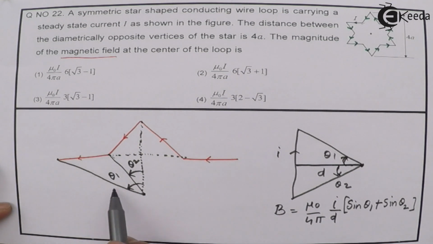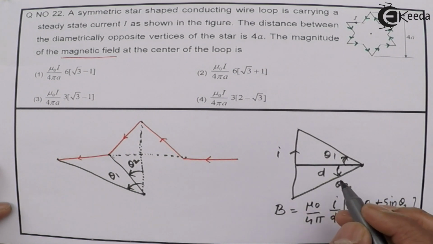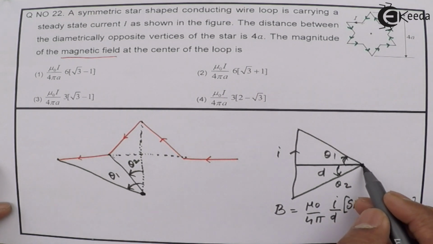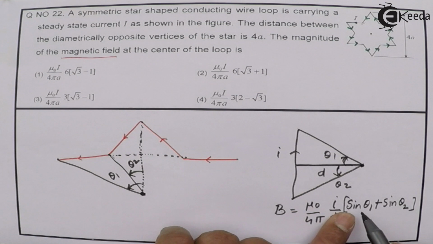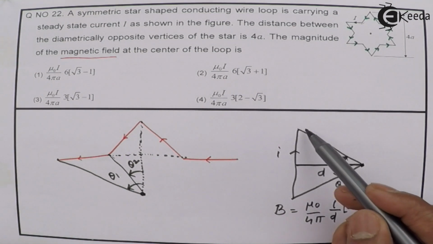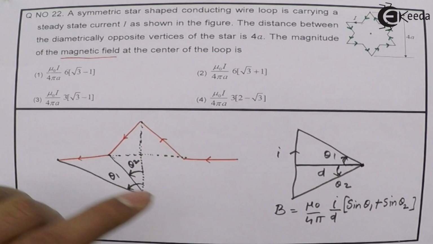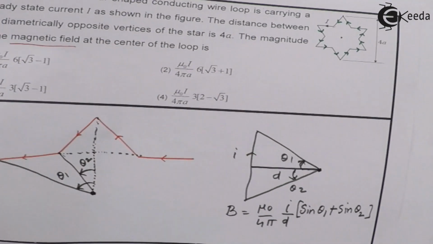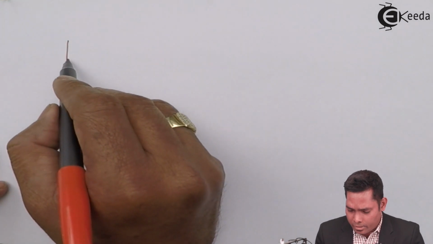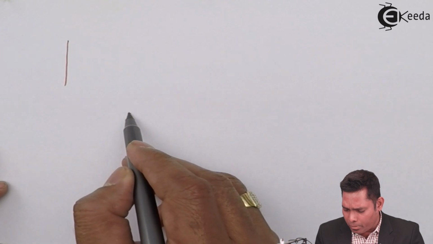Now the point is not here, just like this, the point is somewhere here. Suppose I have a conductor like the previous one, but I am not taking a point over here, I am taking a point over here.